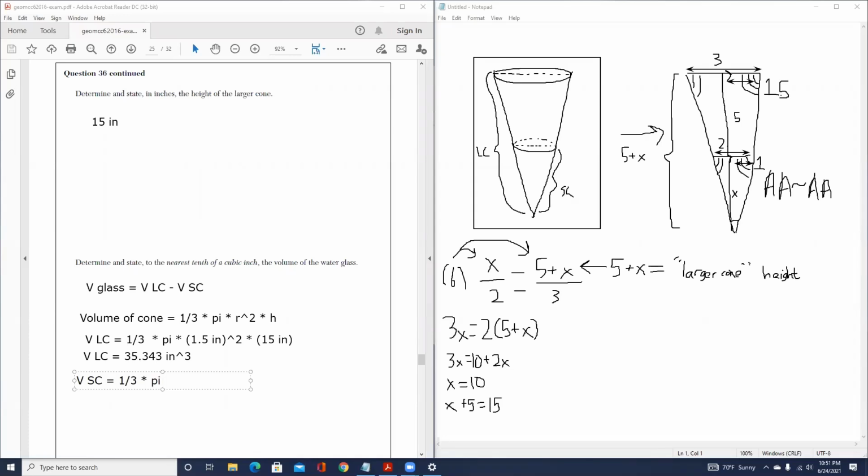One third times pi times 1 inch squared times 10 inches. And if we do this, you get that this is equal to 10.472 inches cubed.